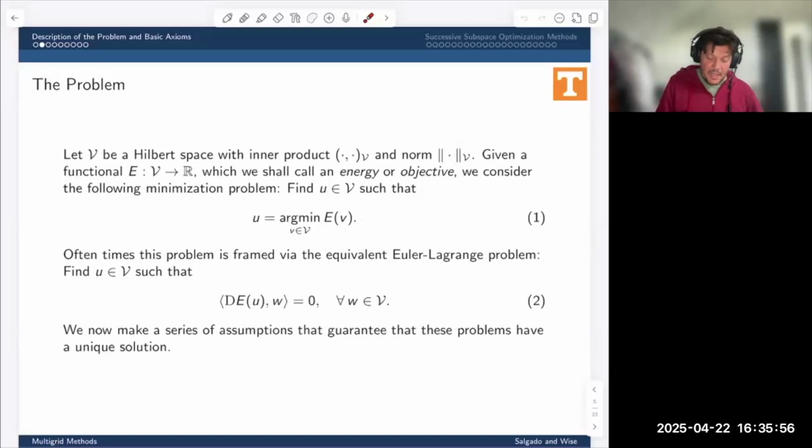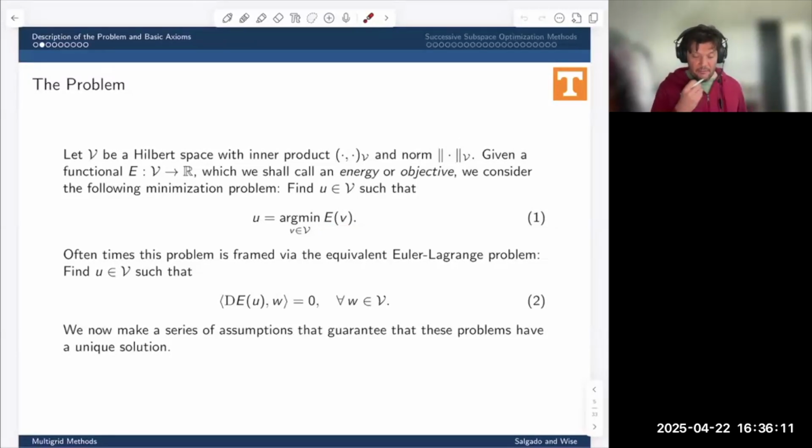So let me give you the description of the problems and the basic axioms that we're going to assume. So the problem is the same as the one in the last chapter. We want to find the unique global minimizer of this nonlinear functional E, this nonlinear energy functional.